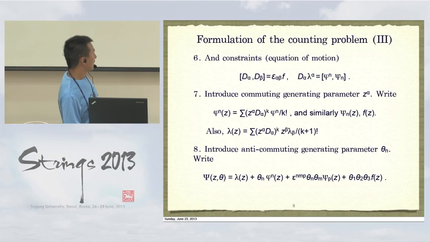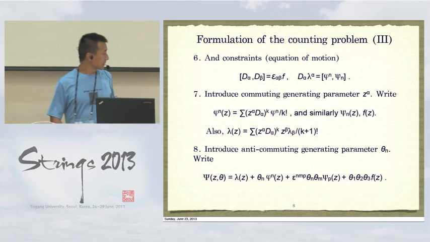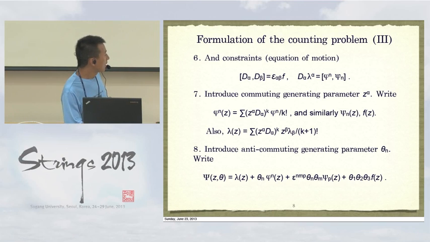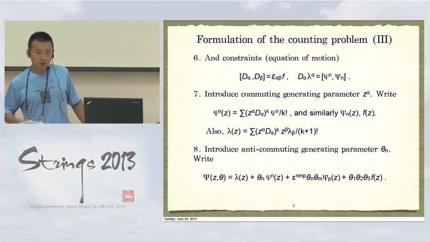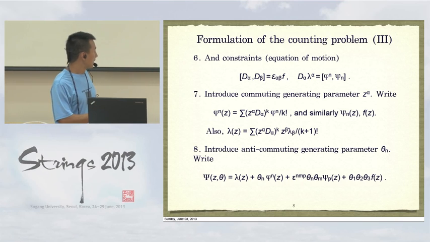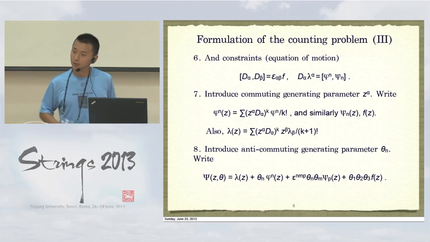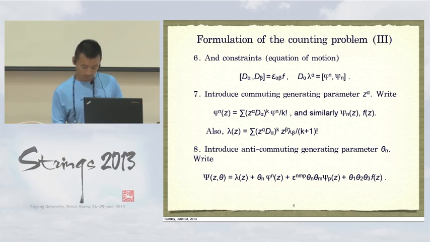And it's a combination of these lambda, and theta n phi n, and theta n theta m psi p, and finally theta cubed F of z. Let me emphasize that now this expression is entirely unconstrained by the equation of motion, except for that psi, if you set both z and theta to 0, then this psi vanishes. That's because this lambda, by definition, vanishes at z equals 0.